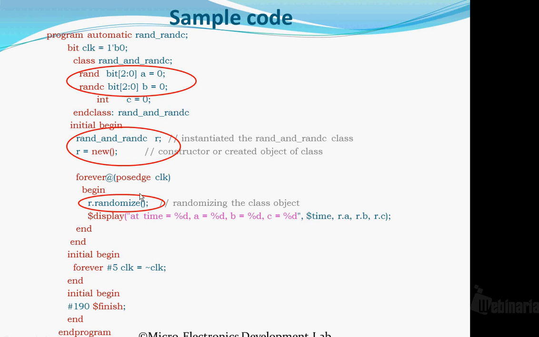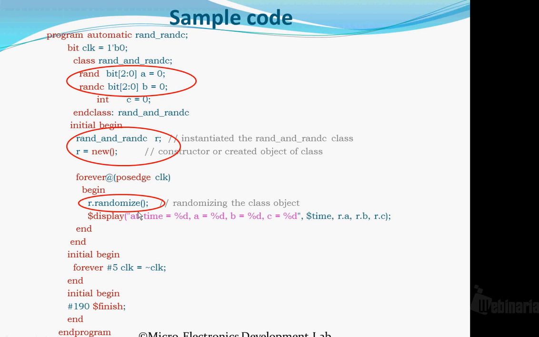So using this line of code, r.randomize, I am randomizing the random properties of this class. When you specify this line of code only once, then one-time randomization will happen.